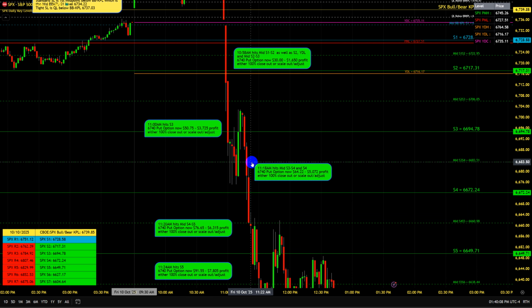Then as you can see here on this candle at 11:18, it hits both mid S3 and S4. So we have mid S3 hit as well as, on this wick, the S4 hit. The price on the close of this candle, after it backed up above S4 and closed here, is now $64.22.